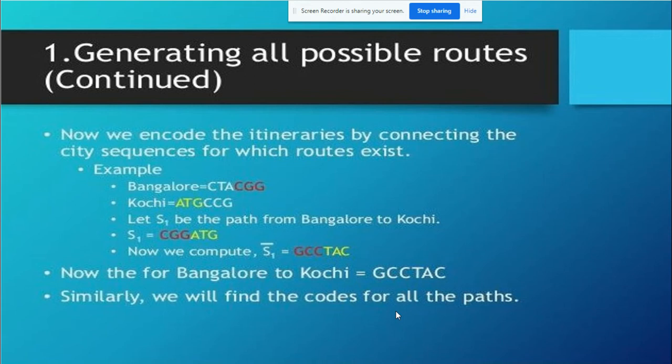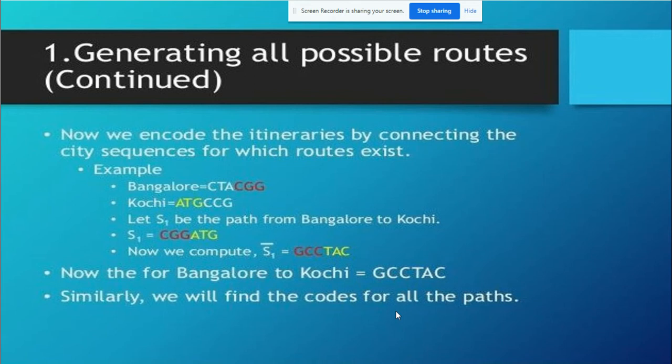From this city code, we take the last three codes and tally them with the destination city Kochi, which has the code ATGCCG, taking the first three codes from the front.